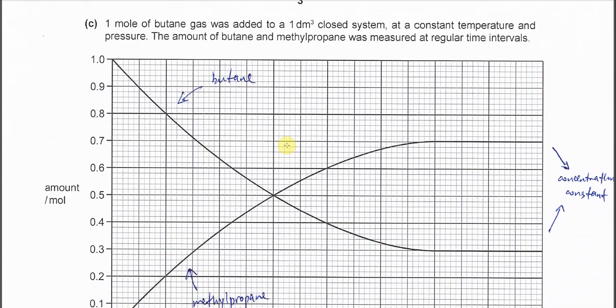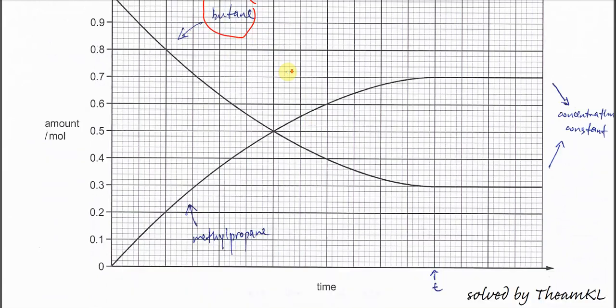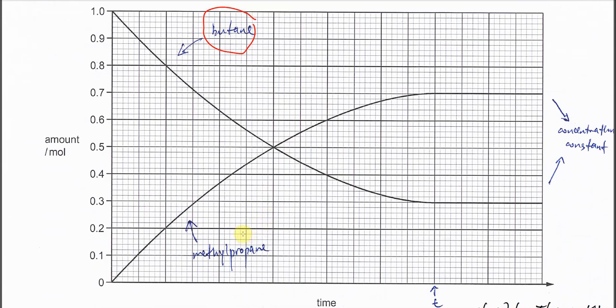This is the graph for the butane and methylpropane reaction. Butane is a reactant and methylpropane is a product. For a reaction, the reactants always decrease and the products increase.